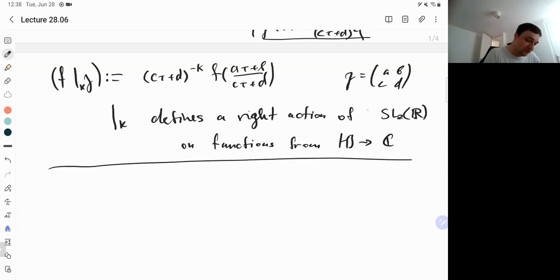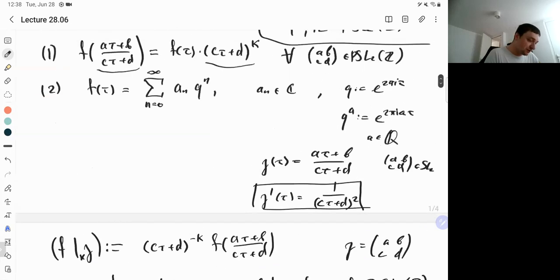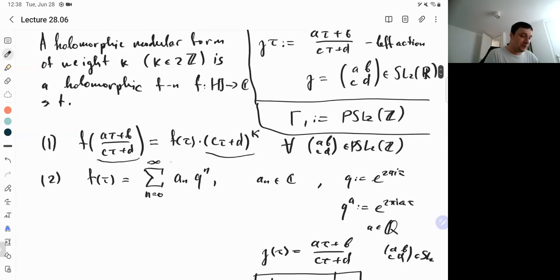So for the purpose of all these lectures, I will usually work with PSL2R because this acts faithfully on the upper half plane, and SL2R has a non-trivial kernel. If you look at the definition the way I gave it here, if k is odd, it immediately gives you that f has to be the zero function if you just plug in minus 1, 0, 0, minus 1 for A, B, C, D. This thing is f of tau, this thing is f of tau, and this thing is minus 1 to the k.